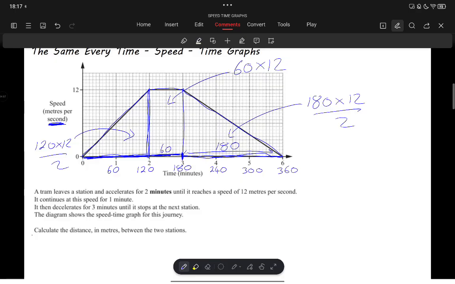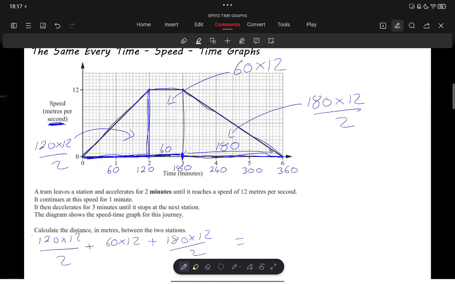So the distance in meters between the two stations, my whole calculation then, 120 times 12, divide by 2, plus 60 times 12, plus 180 times 12, divide by 2. And whatever this turns out to be, that's going to be my final answer.